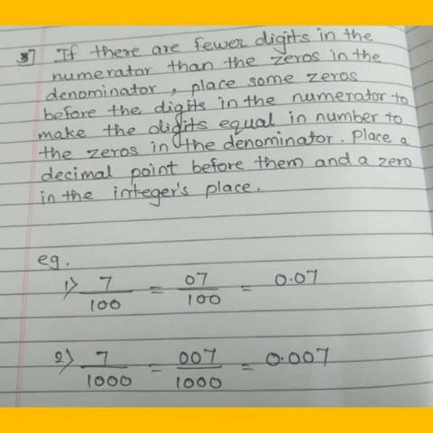Here in this sum, there are two zeros in the denominator and one single digit in the numerator. So we have to put zeros before 7 to match the zeros in the denominator. So here there are two zeros in the denominator, so we put one more 0 before 7. So it becomes two digits, 07. Then we put the decimal point before those two digits, 07. So our answer is 0.07.